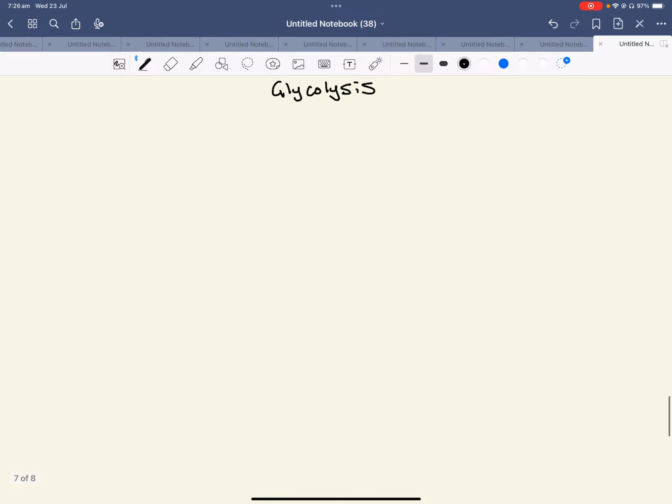Let's go to glycolysis. Glycolysis is the production, we want to try to generate energy, okay, from glucose when we eat. So I'm going to use G as glucose. We first add a phosphate, G6P, then we convert it to fructose 6-phosphate.